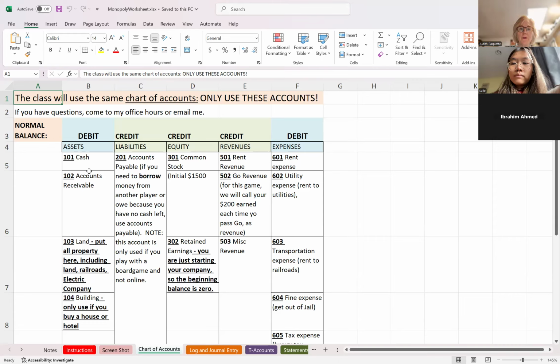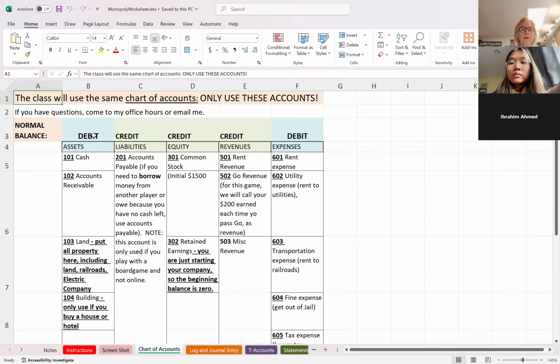And it's color coded. If you can see the color, both assets and expenses are increased with a debit. Liabilities, stockholders' equity, and all the revenue accounts are increased with a credit.